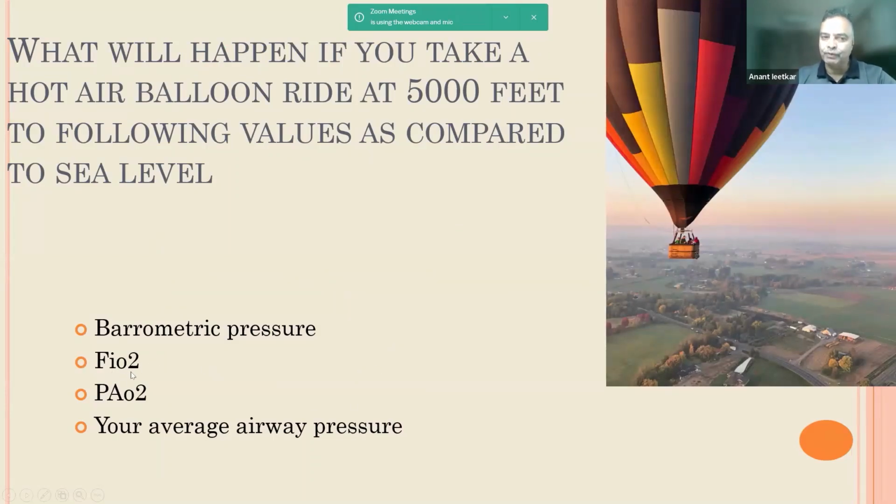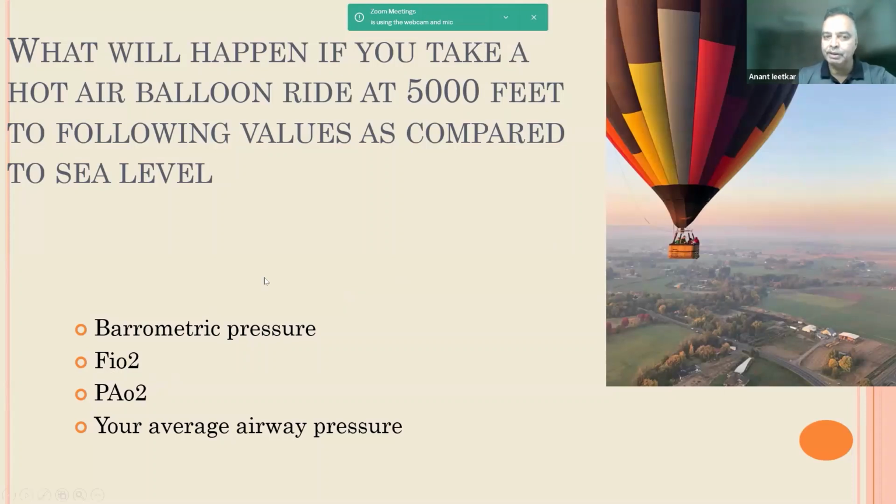As we discussed before, FiO2 will remain the same, because at all barometric pressures FiO2 remains the same. PAO2, that is alveolar oxygen pressure, will reduce because it goes hand in hand with the barometric pressure, and your average airway pressure will also reduce because it goes hand in hand with the barometric pressure.